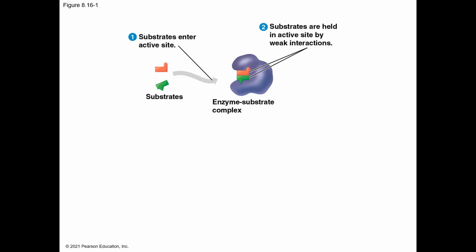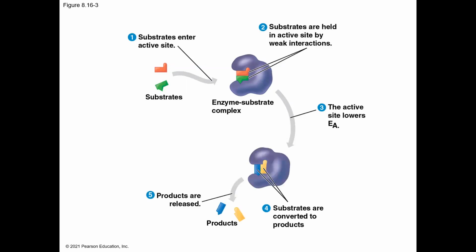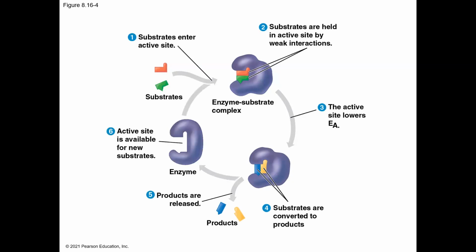Let's go over the catalytic process of enzymes with a substrate. In number one here, substrates enter the active site of an enzyme. As they enter and an induced fit has occurred, the active site lowers the amount of energy that is needed to undergo the chemical reaction. A chemical reaction occurs, products are created, and those products are then released into the environment.